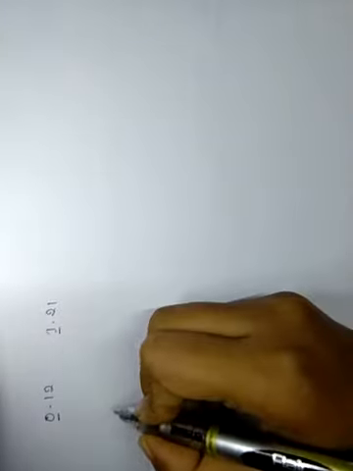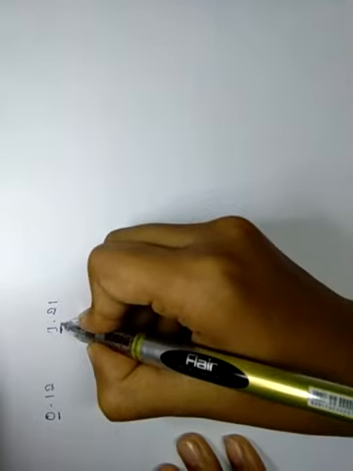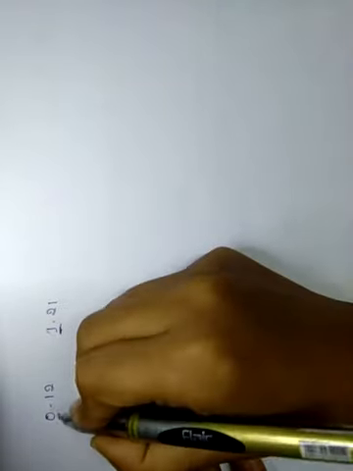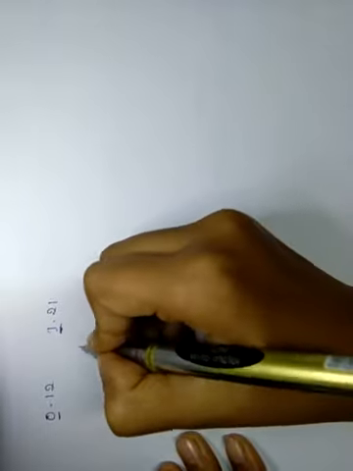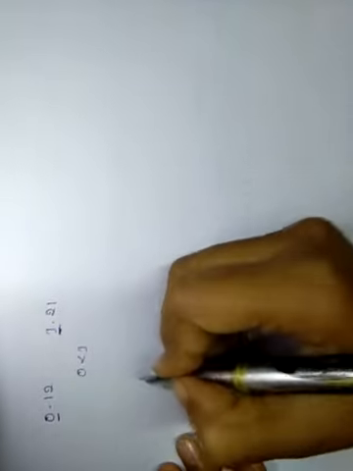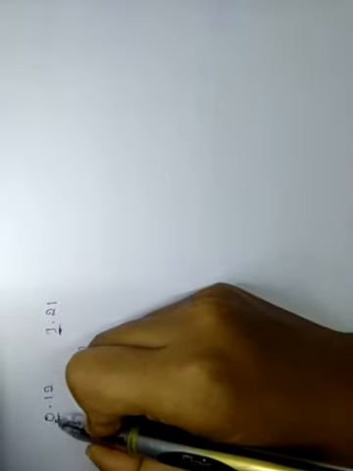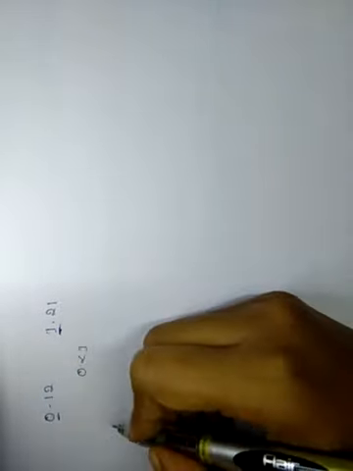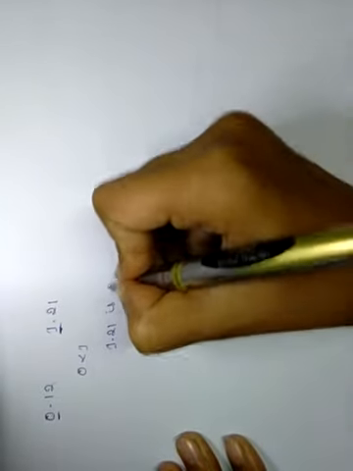The first digit here is 0 and here it is 1. Then we have to check which digit is greater. Here 1 is greater, right? 1 is greater than 0. So we can say that 1.21 is greater than 0.12. We'll write here, 1.21 is greater.